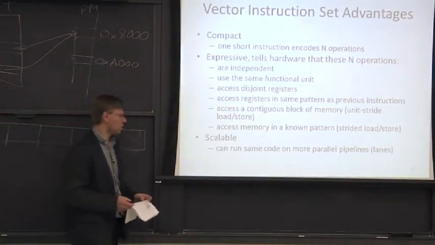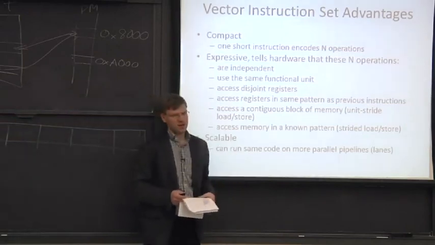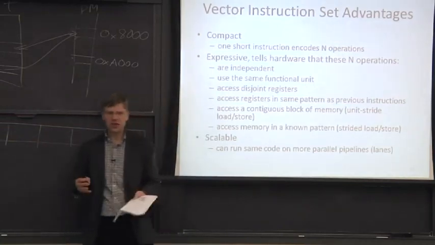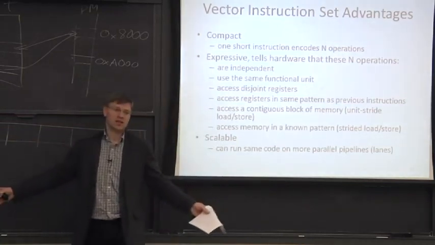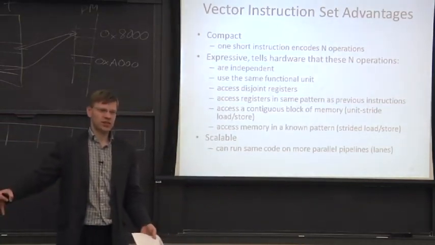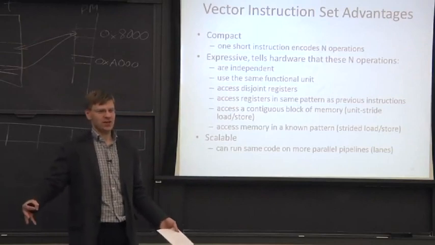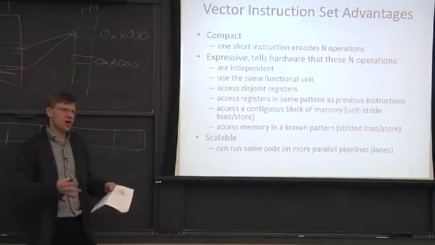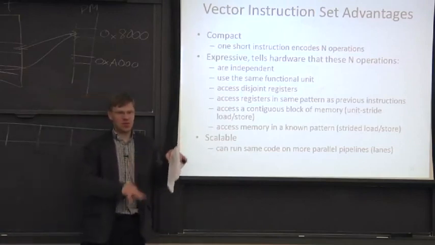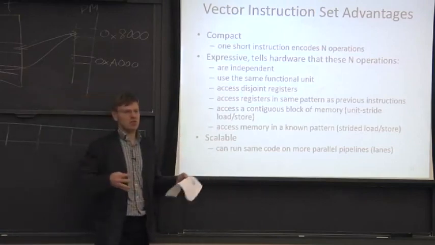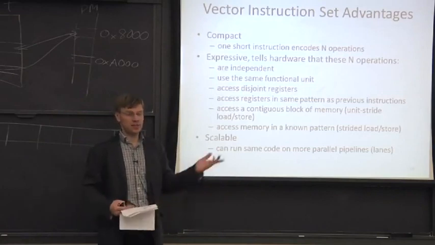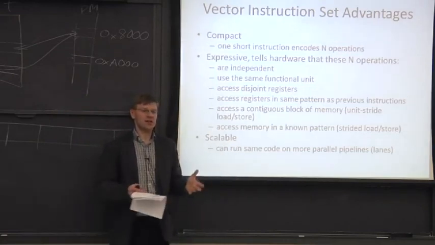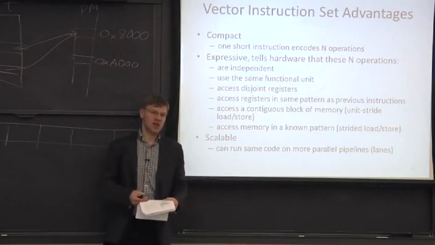And finally, these sorts of architectures can be scalable. And what I mean by scalable is you can add more lanes. And as long as you don't add more lanes than your maximum vector length, you're probably doing OK. Or you might want to be off by a little bit, your depth of your pipeline. But you can add more and more work. And in fact, people actually build families of these processors where they have different numbers of lanes in the same architecture.